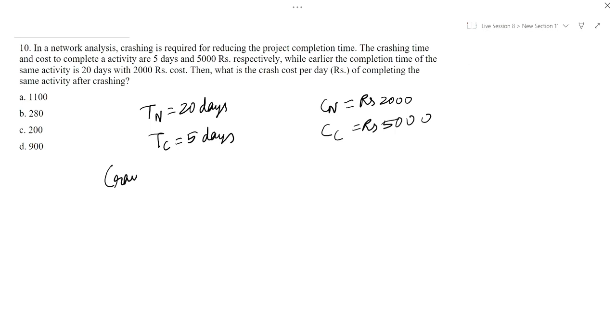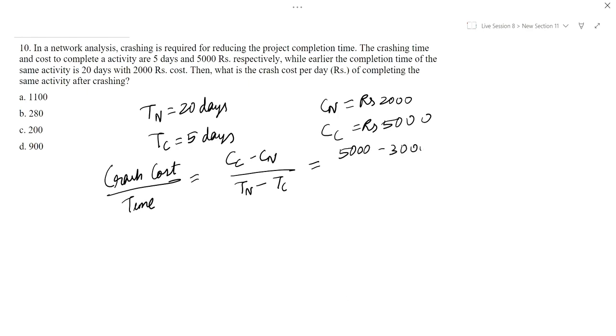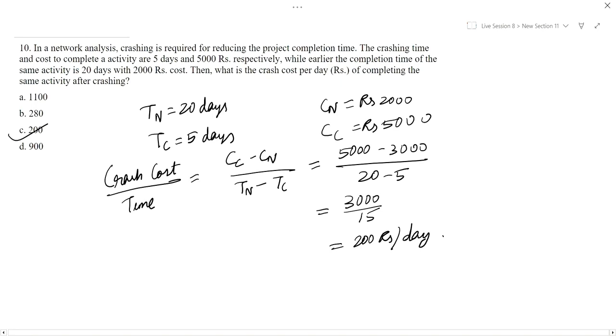Now crash cost by time is equal to Cc minus Cn by Tn minus Tc, is equal to 5000 minus 2000 by 20 minus 5, is equal to 3000 by 15, is equal to 200 rupees per day. Correct option is C.